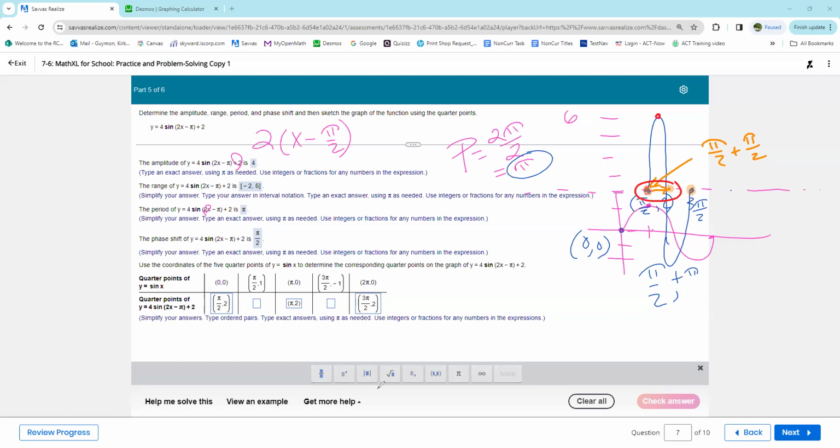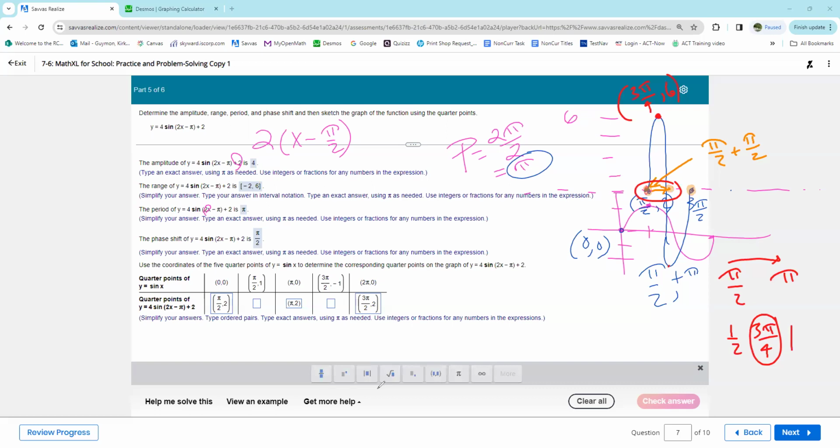Remember that was pi over 2 and pi. What's halfway in between there? That's a half a pi. That's a whole pi. What's halfway in between a half and a whole? 3 pi over 4. So 3 pi over 4 right up here, and up at that 6 point.